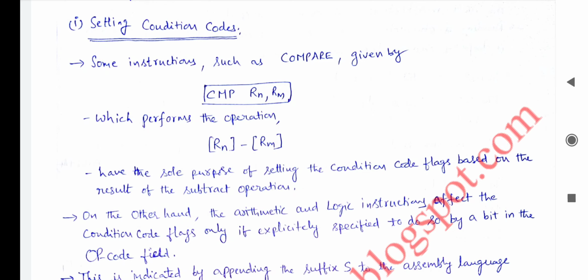CMP Rn, Rm performs the operation Rn minus Rm, with the sole purpose of setting the condition code flags based on the result of the subtract operation, right?